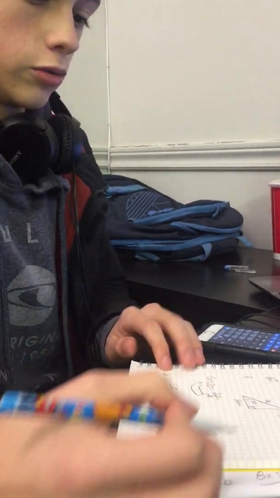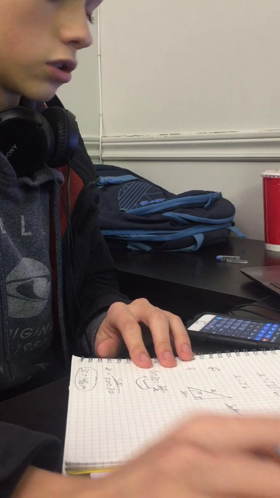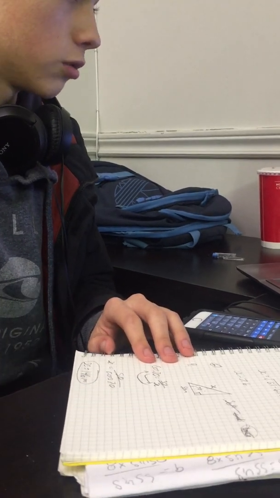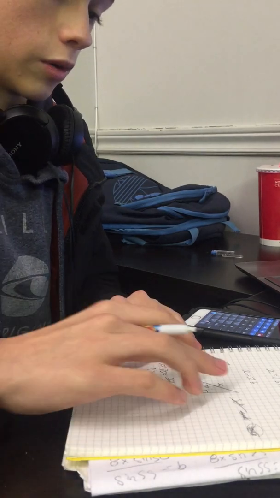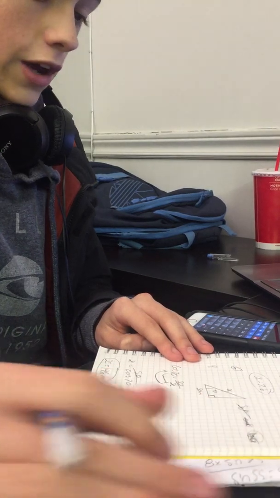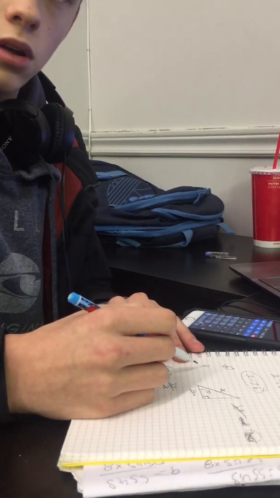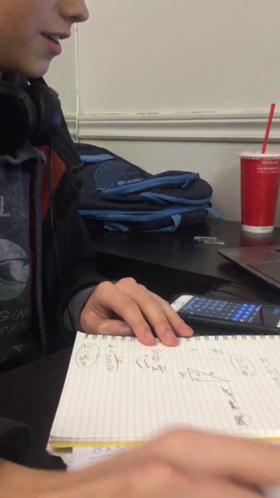So to recap, for 8, we use cosine because we had two lengths around an angle. So we found 7.6 for the length of x, and it's in meters.